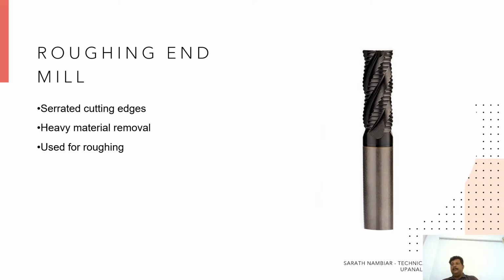So the roughing end mill will be used in those cases. What does this end mill do? It breaks chips into smaller pieces, thereby reducing the cutting force and allowing faster material removal. You can think of it like a tool which removes bulk material first, and then we use smaller tools for the final finishing. Finishing tools will be used later.